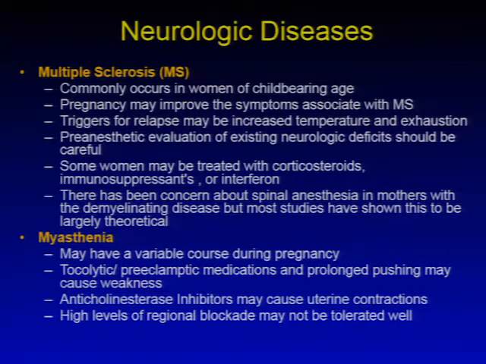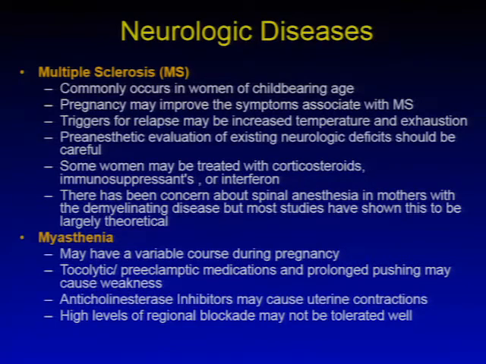And in providing anesthesia for the mother, usually in the form of an epidural, pre-anesthetic evaluation should detail existing neurological deficits. Also, it must be remembered some of these women may be treated with other agents such as corticosteroids, interferon, or immunosuppressants.